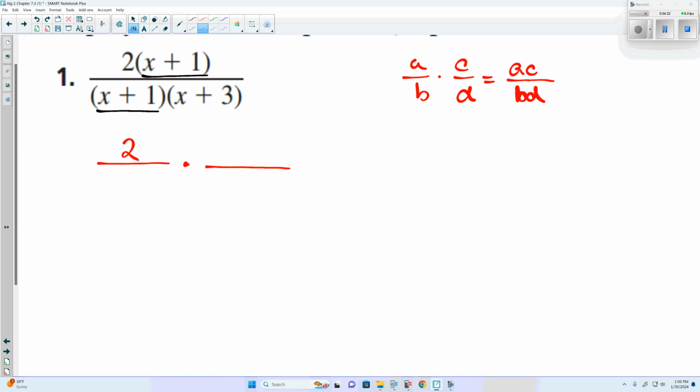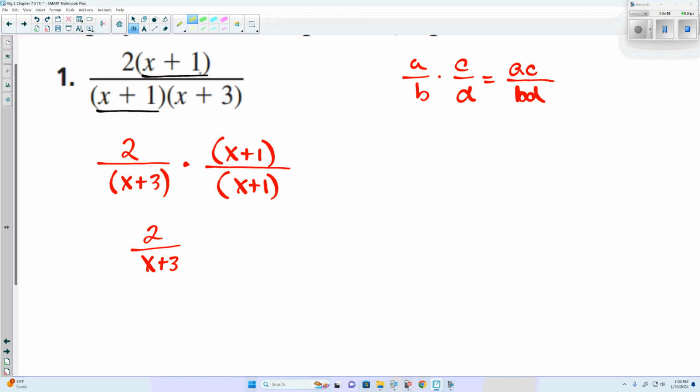Because our numerator, we can split it apart with our 2 and x plus 1. The denominator, we'll move our x plus 1 over here, so we do have what's in common together. And we'll have our x plus 3 with our other term. So we'll still have our 2 over x plus 3.